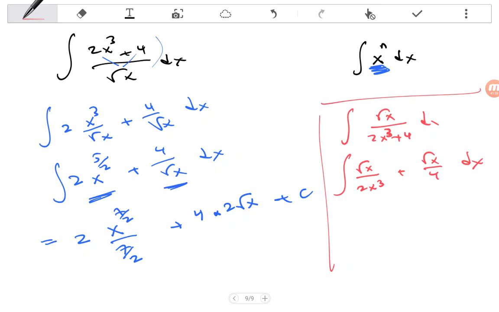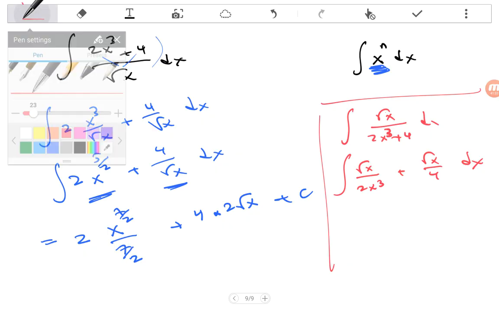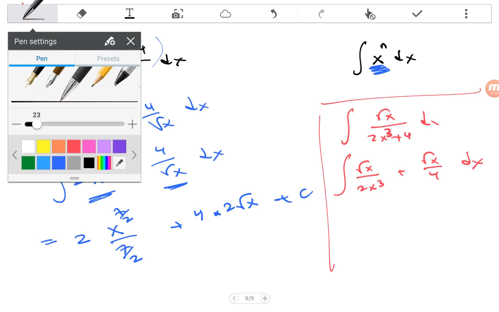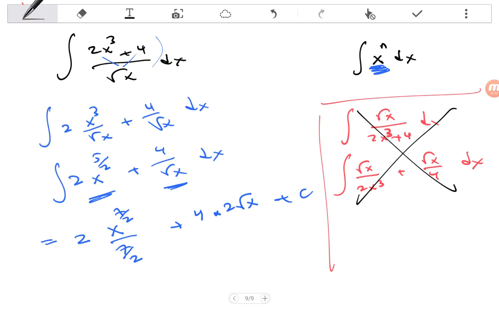Okay. Is that correct? No, I don't think so. That is a fatal mistake. I never say that I can distribute the numerator on the denominator like this. If the denominator had one term and the numerator had several terms, I can distribute it.